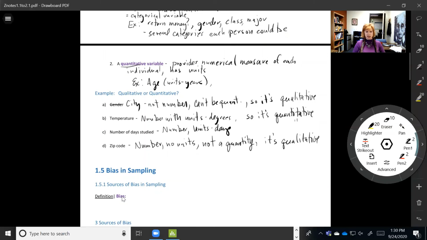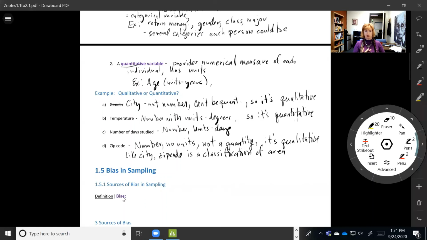Zip code, just like city, is a classification of area. Therefore, being like city, it is a qualitative variable.